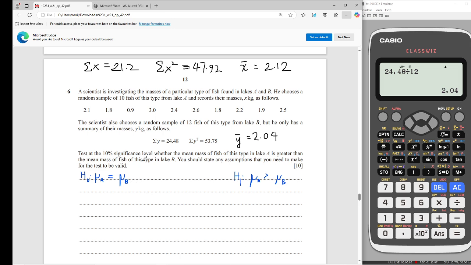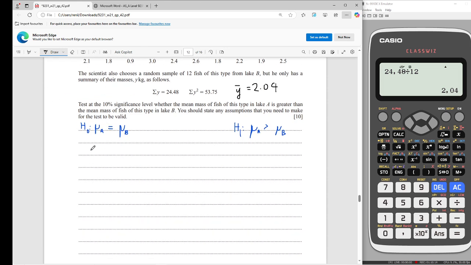Okay, moving on, we need to calculate s squared x and s squared y. So s squared of x is equal to 1 over the number of samples of x. How many samples do we have? 10.